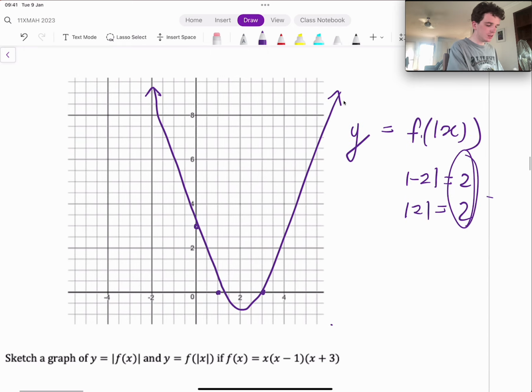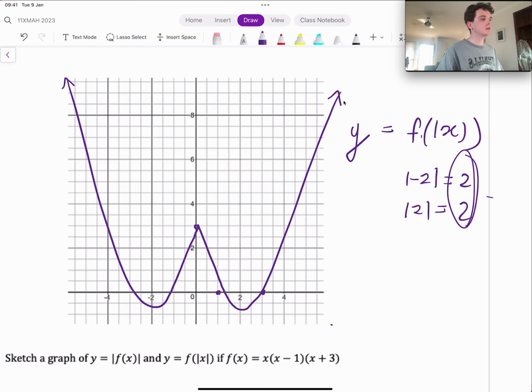So everything to the left of the y-axis is going to go, and then since our negative values have to give the same y value, it's going to reflect. All that's happening is I delete everything on the left of my y-axis and then reflect everything on the right over to the other side.